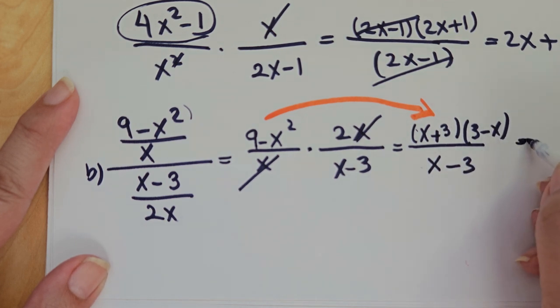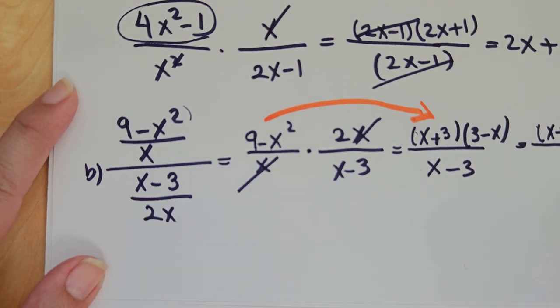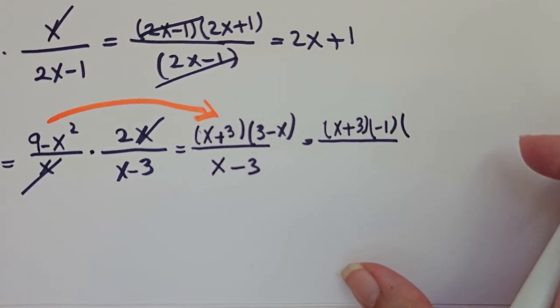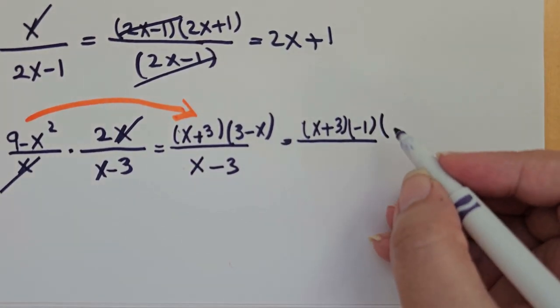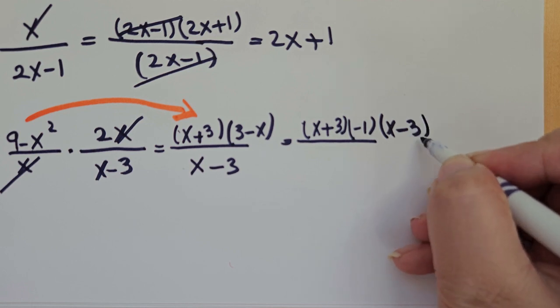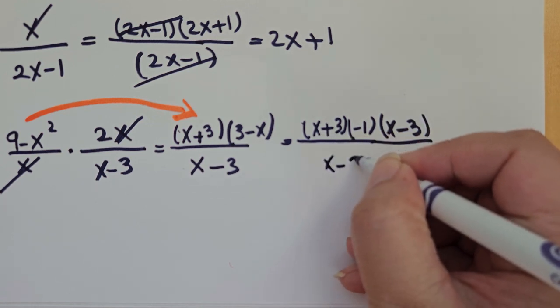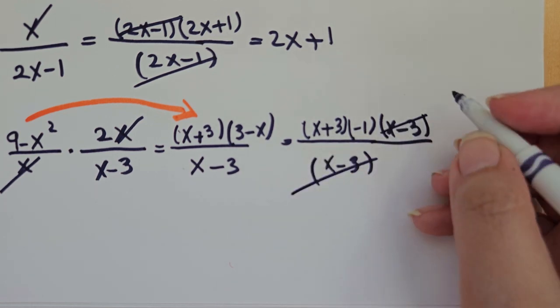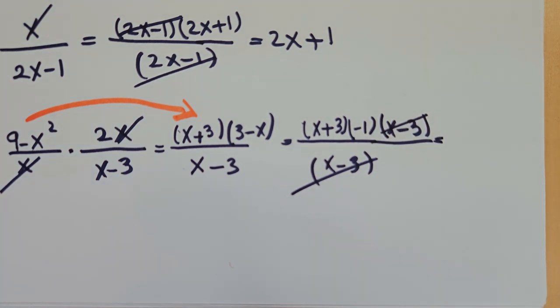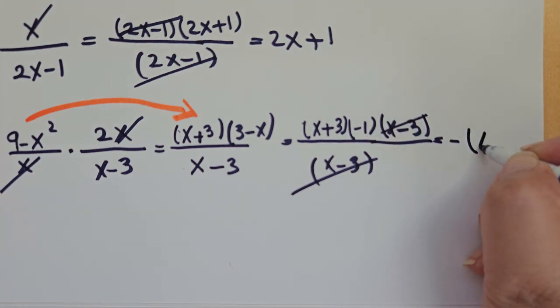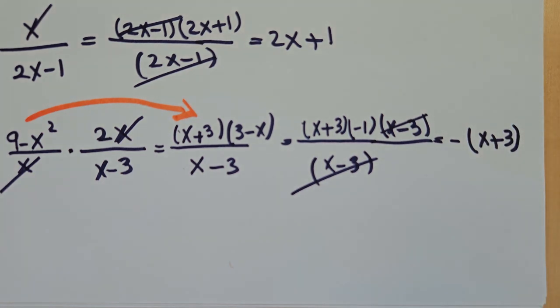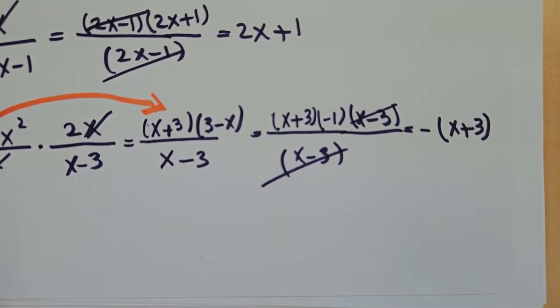The only difference is that we factorize a negative sign from this bracket so that we can cancel out. So it would be x minus 3, and then in the denominator I have x minus 3. So these two will cancel out, and what is left? It would be negative x plus 3. Okay, this is the final answer.